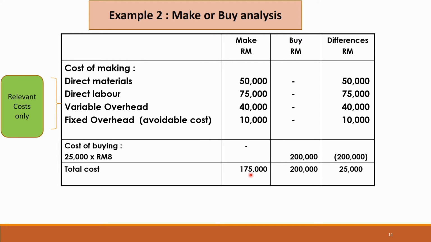And the cost of buying, we have to calculate 25,000 units times RM8. You get 200,000. So when we compare the cost of making and the cost of buying, we find out that the cost of making is lower than the cost of buying, and the difference is 25,000.